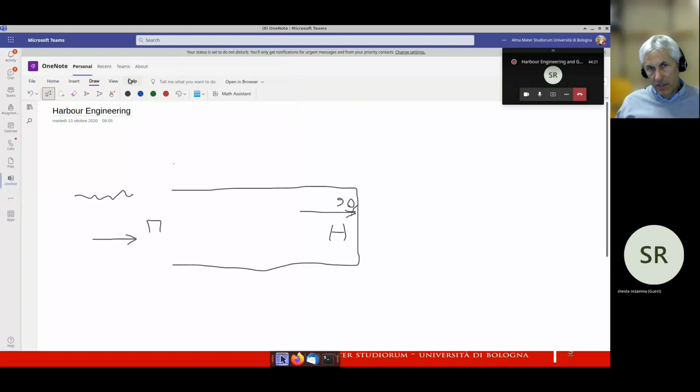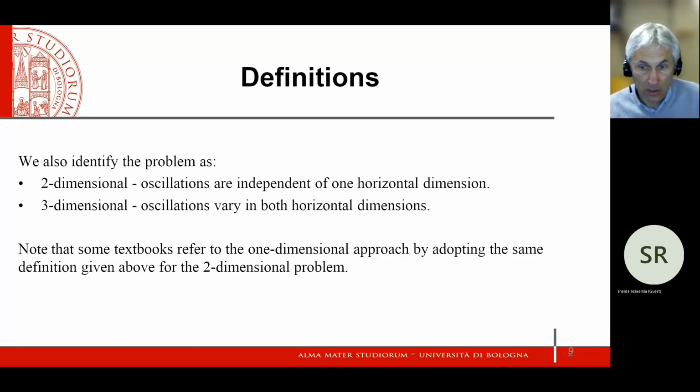The generated wave doesn't change along the other horizontal direction, from the top of the screen to the bottom of the screen. There is no change of the wave behavior along that direction. So this is a 2D problem, okay?